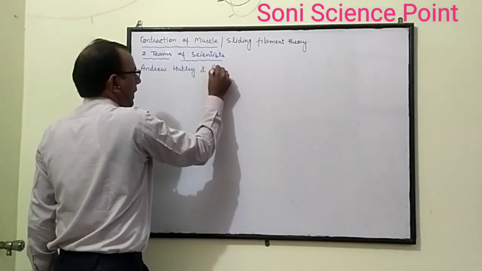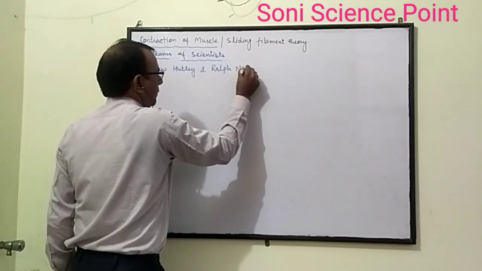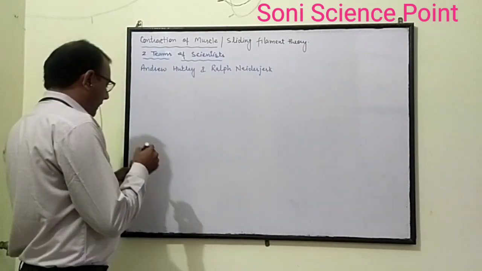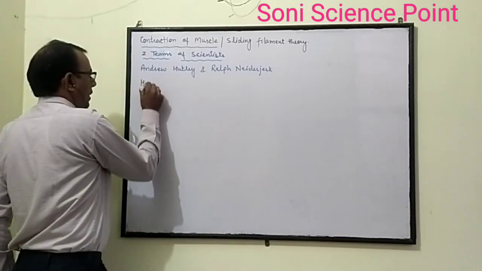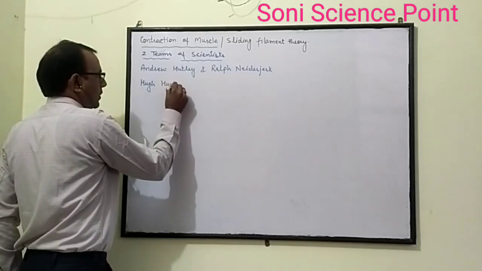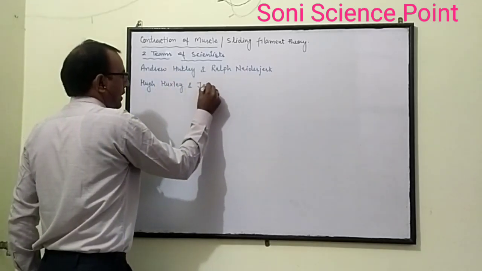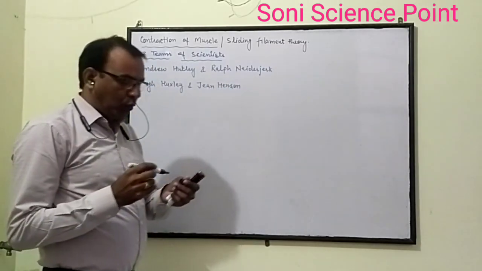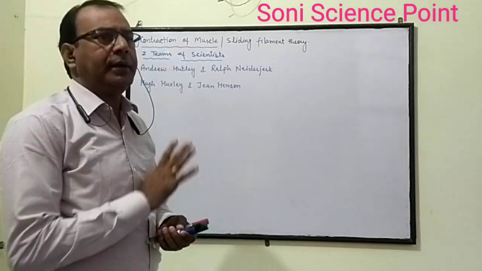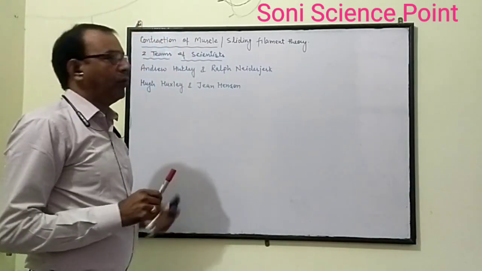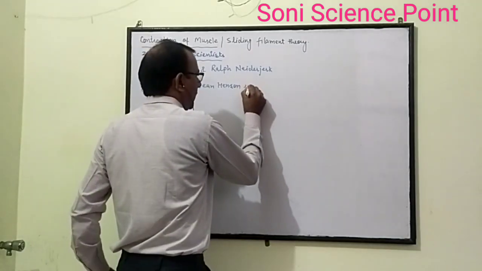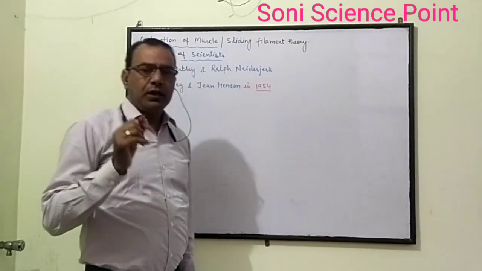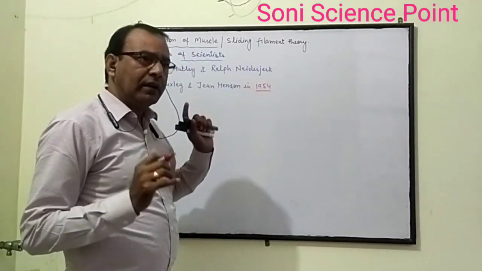The first team was Andrew Huxley and Ralph Niedergerke. The second team was Hugh Huxley and Jean Hanson. These two teams proposed the sliding filament theory as well as contraction of muscle in 1954.